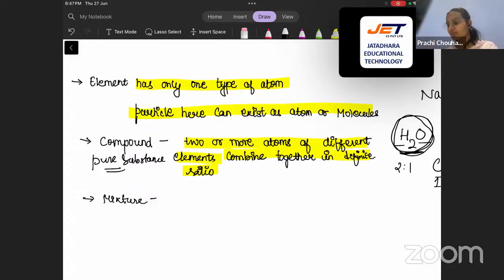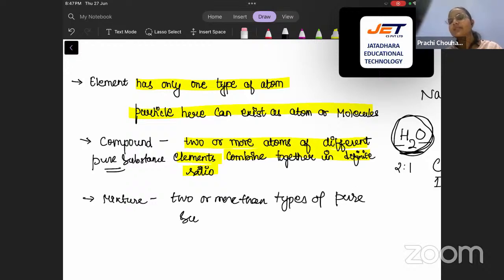And in mixtures, what do we have? We have two different kinds of pure substances that are mixing with each other. So in a mixture, we have two or more types of pure substances.